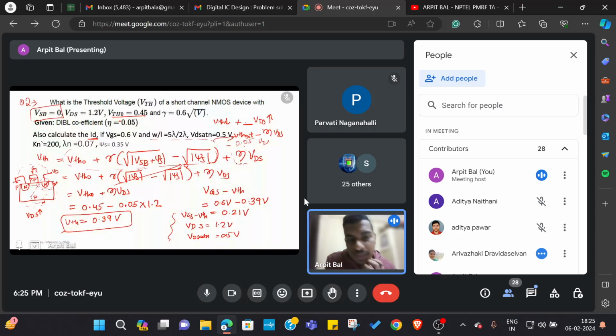And because of this reason, the threshold voltage is going to increase. Is that clear? If threshold voltage increases, and I know that my VTH naught is actually negative in case of PMOS, so my eta sign is still going to be negative with VDS increasing.